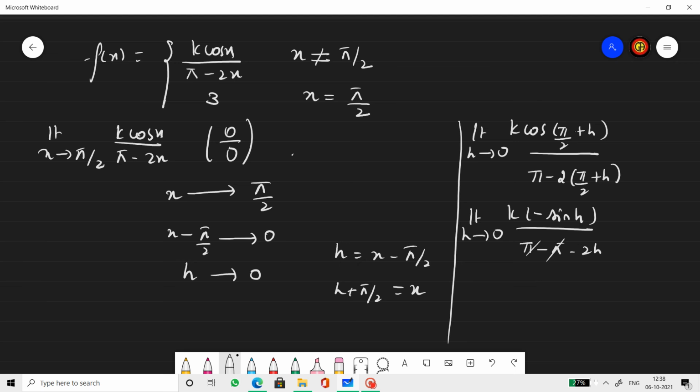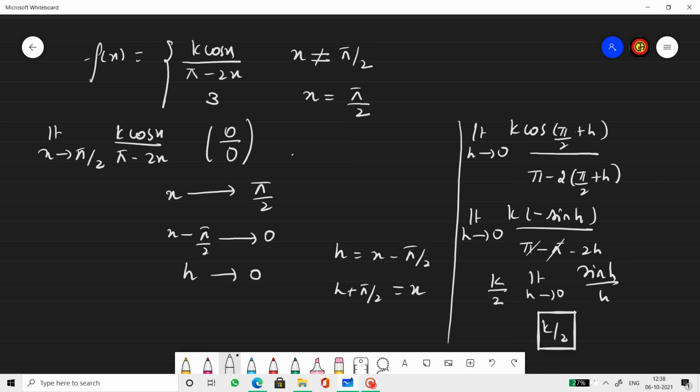So k, being a constant, is out of the limit. 2 is also a constant out of the limit. The minus gets cancelled. Limit h tends to 0, sin h by h is 1. So the answer is k by 2 over here.